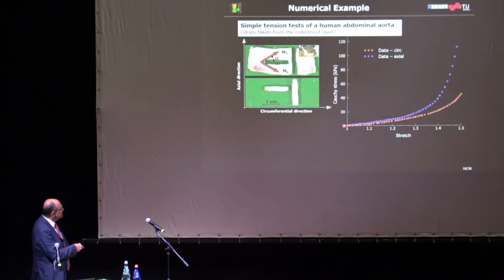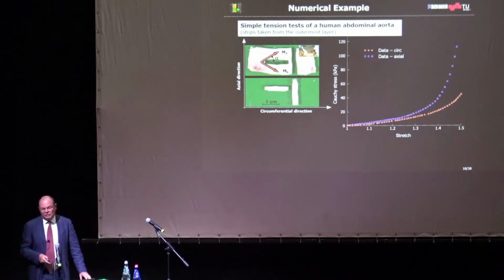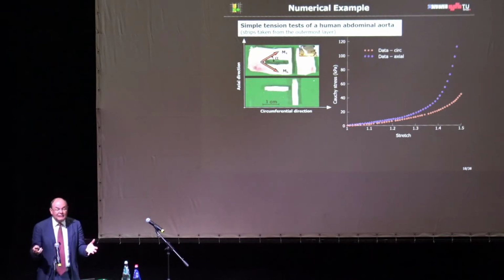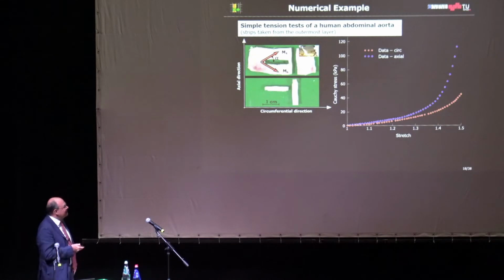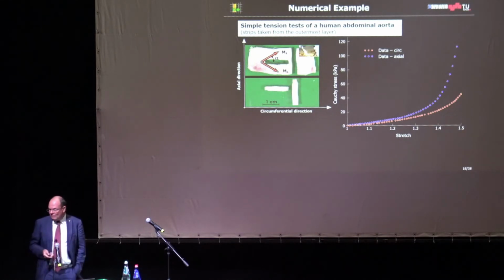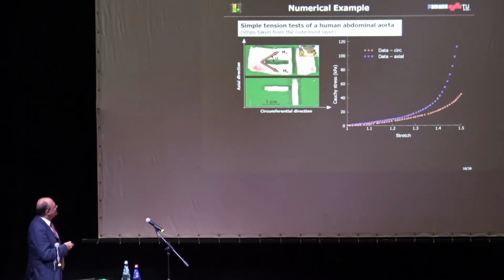The blue data is the stiffening in the axial direction, and the red data is in the circumferential direction. So what can we learn from that? First, it's highly anisotropic. It's completely different curves, and it's highly nonlinear solid mechanics. So this is what we can see.